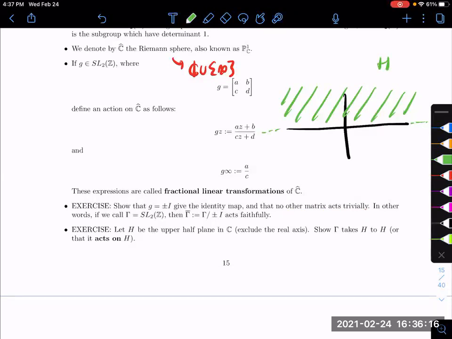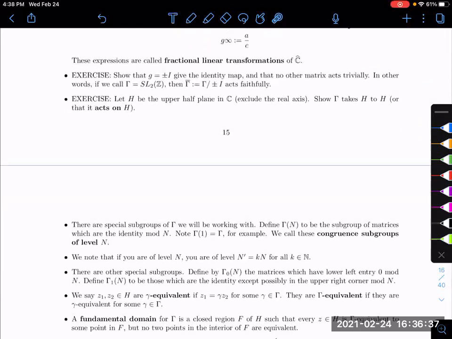If you make that restriction, then you can show that gamma, which is SL2Z, takes H to H. In other words, gamma as a group of matrices acts on the upper half plane. You're never going to escape the upper half plane by acting on it with gamma. Both of these exercises are very easy.